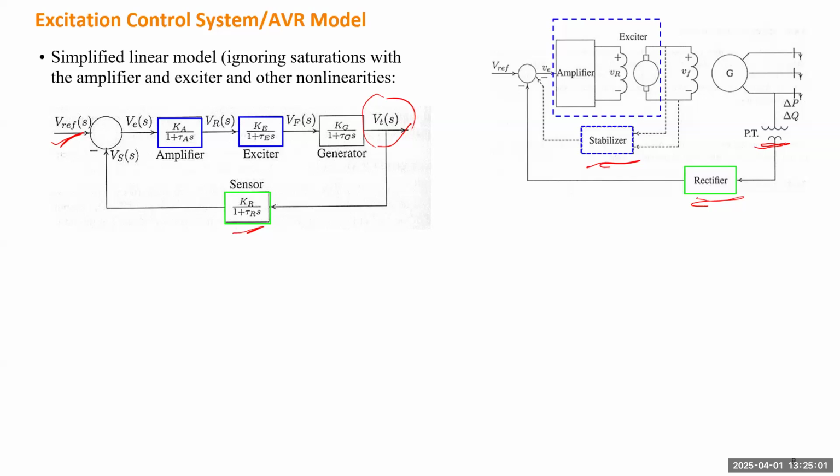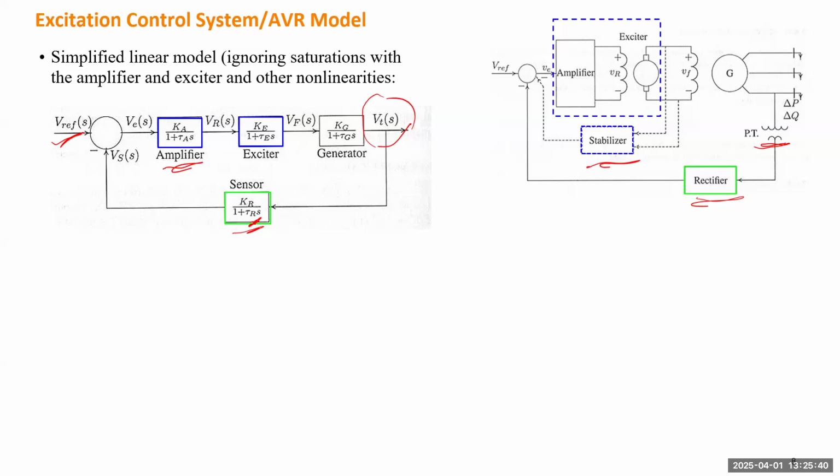We use a first order system to model the sensor, because the sensor has to be very fast and very sensitive, so we can imagine the time constant here is very, very small. KR basically translates the unit from terminal voltage to the reference value. The terminal voltage represents the true voltage of the generator, which can be very high, and if you take the same unit as the reference voltage, this KR can be 1.